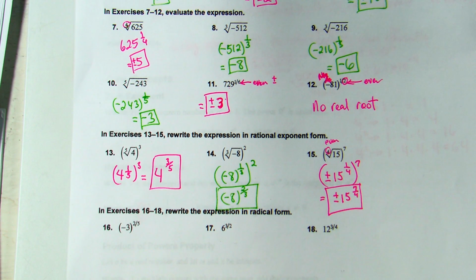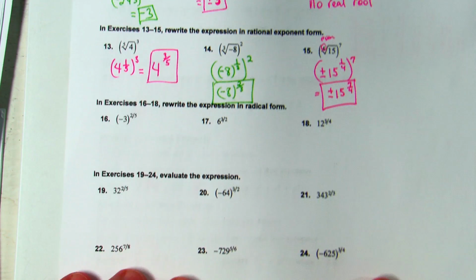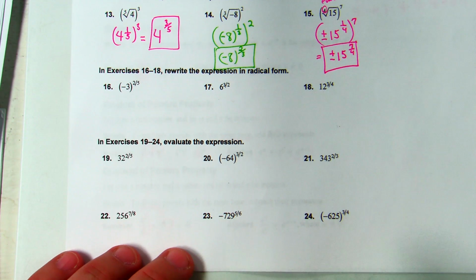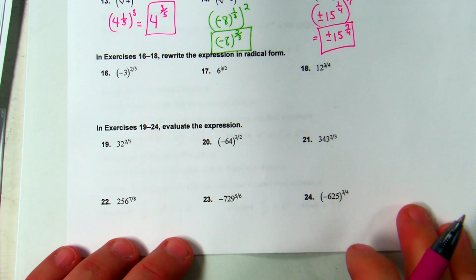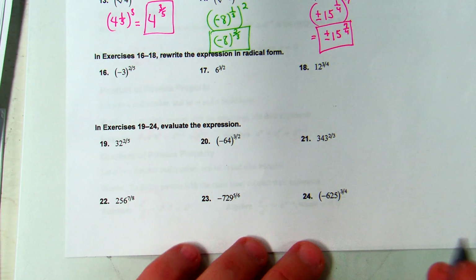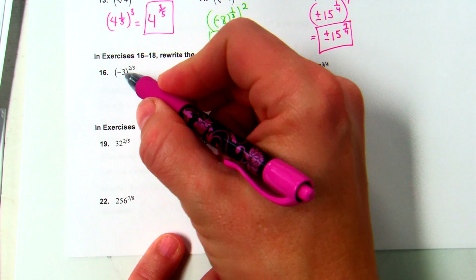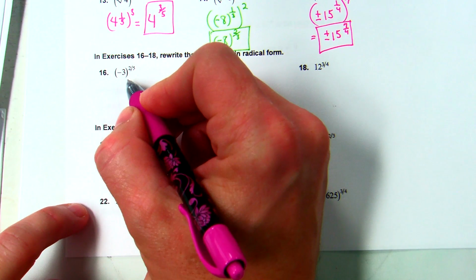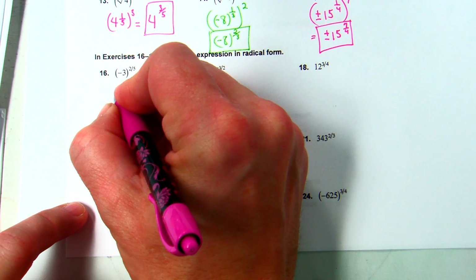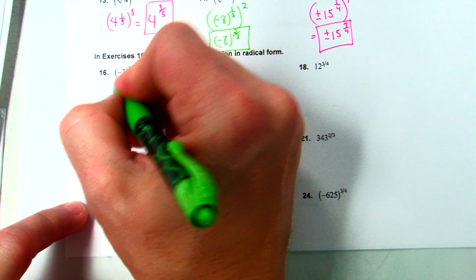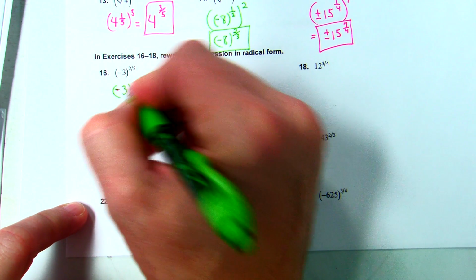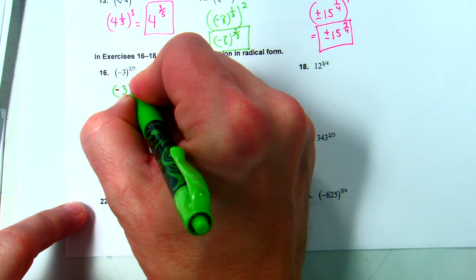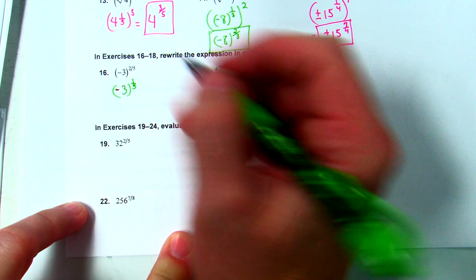In the next part, they want us to rewrite the expression in radical form. The radical form just means we're putting the little squiggly looking sign, right? Okay, so in number 16, we have -3 to the 2/5. So let's break that apart. -3 to the 2/5 is the same thing as -3 in parentheses raised to the 1/5 power, right?